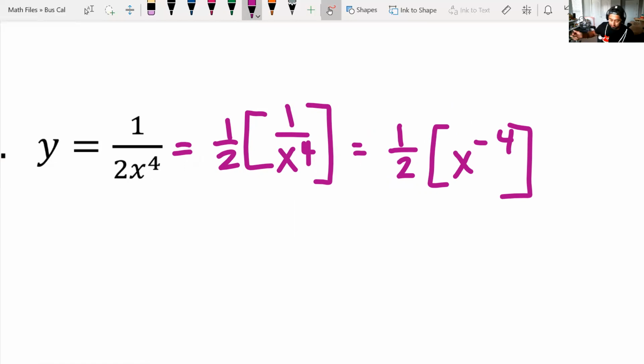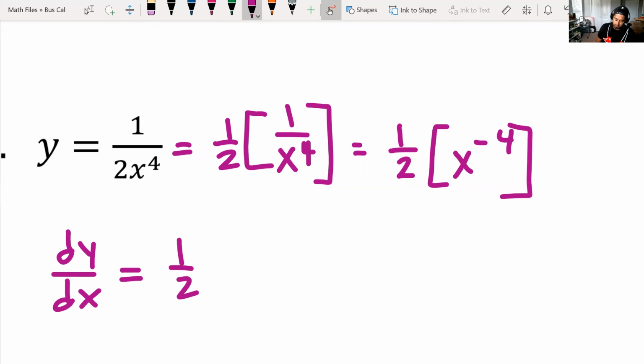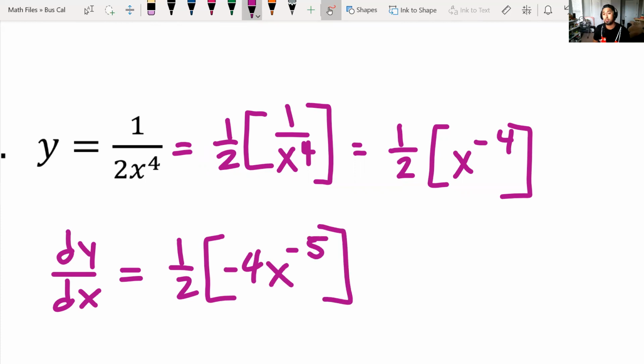Again, let's do a play on notation. I'll say dy over dx, the derivative of y with respect to x. Now 1/2 stays out front, and the derivative of x to the negative 4 will give me negative 4x to the negative 5. That 4 comes down, you subtract 1 from that negative 4, and you get negative 5.